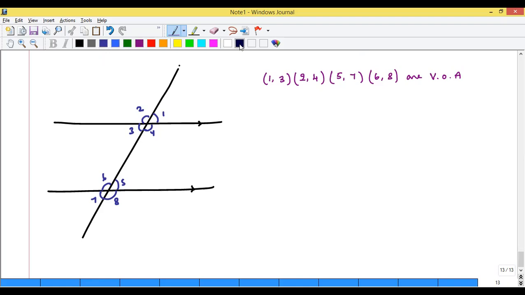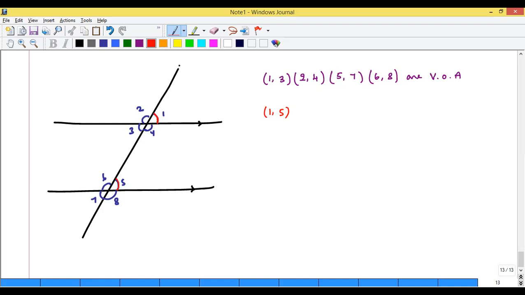Look at the angles 1 and 5. See, same parallel lines, same transversal intersecting both the parallel lines. Here above you have 1, below in place of 1 what do we have? 5. In place of 1 you have 5. You call them corresponding angles because 1 corresponds to 5.